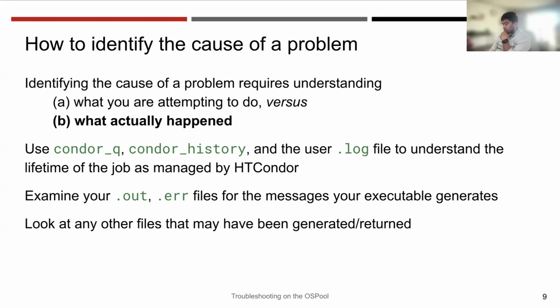To find out what happened during your workflow, the basic commands that I hope you are all familiar with are condor_q, condor_history, and looking at the log, error, and out files. condor_q would give you information about the jobs that are currently in the queue. condor_history would give you information about the jobs that are done, and you can find detailed information about all of those jobs that have finished.